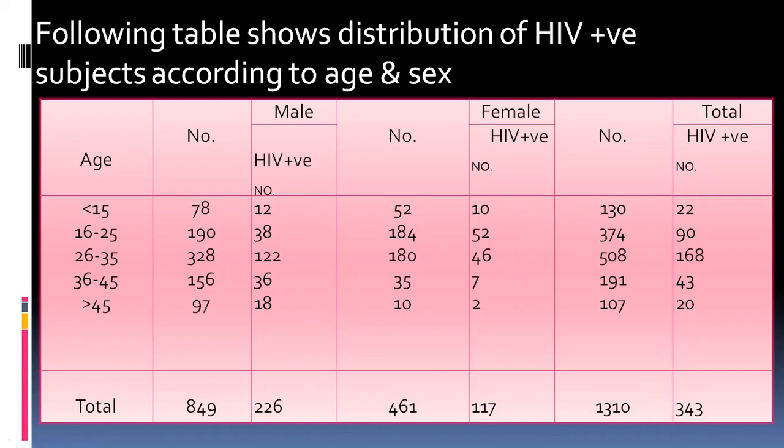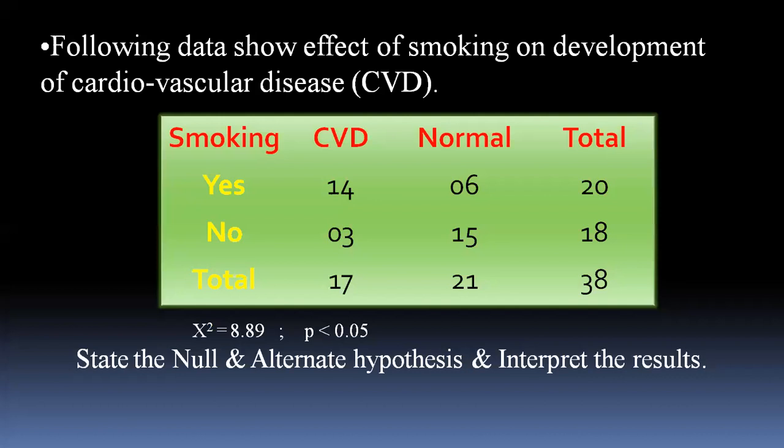If the calculated value is more than the table value, then it is significant. The p-value will be less than 0.05. So like this, we interpret the chi-square. It is a very simple, very easy test to perform, apply and interpret also.